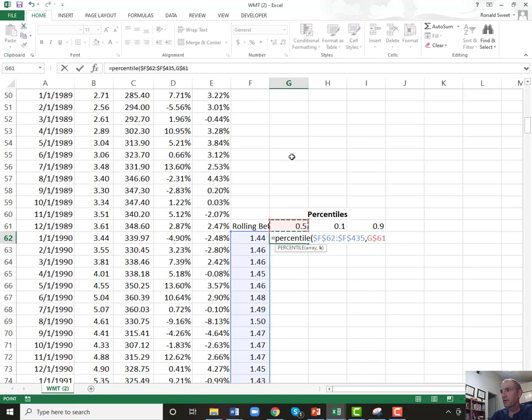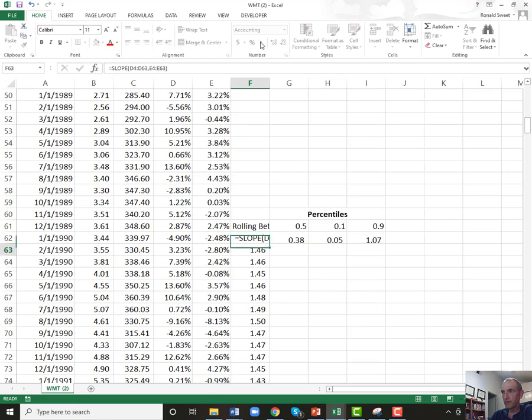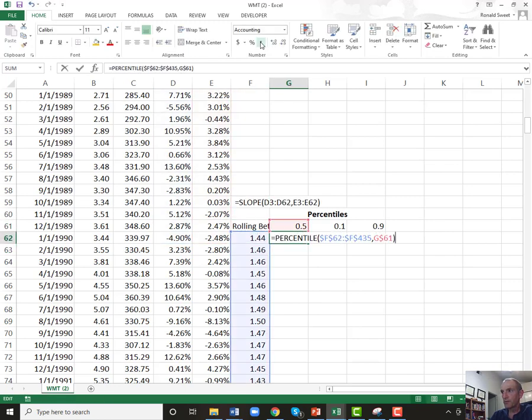But here, only lock in the line number 61, hit enter, and we'll copy that across. So let's look at what these numbers are telling us. I'll put the formulas up above so you can see them, the very first formula on each one.